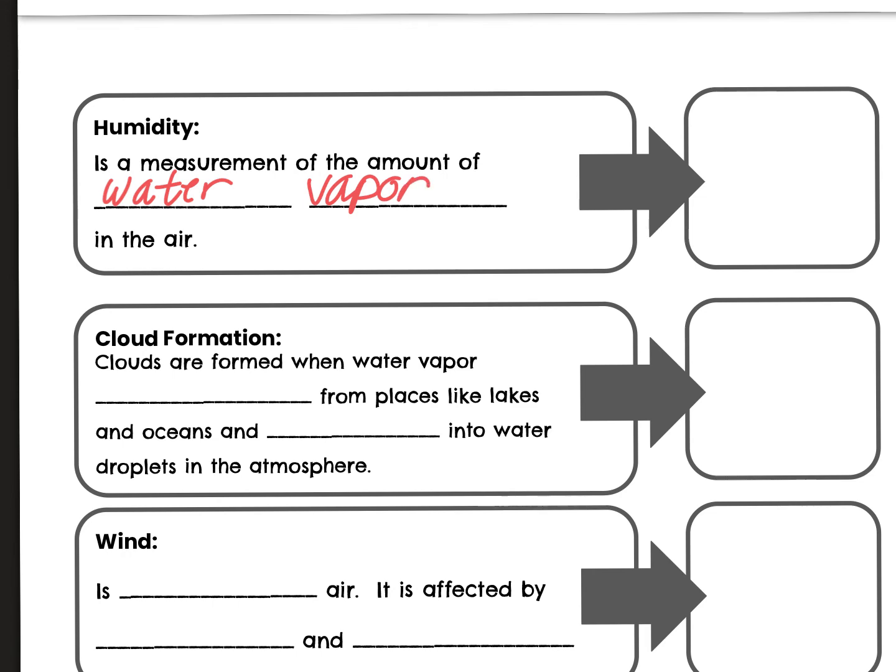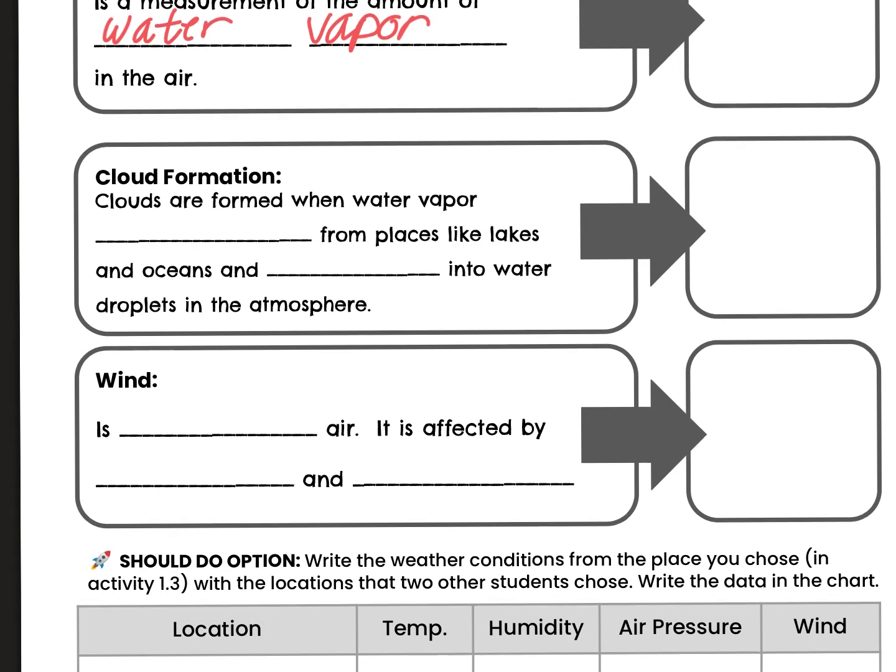Cloud formation. Clouds are formed when water vapor evaporates from places like lakes and oceans and condenses into water droplets in the atmosphere. This is what makes clouds. Let's go ahead and fill in the blanks.